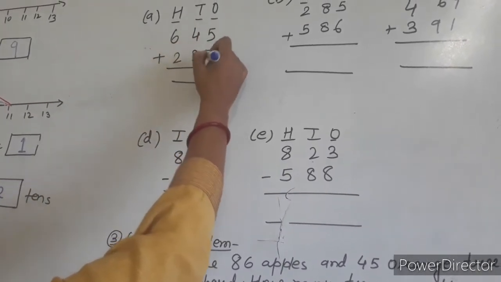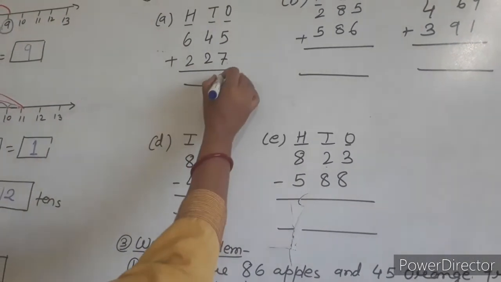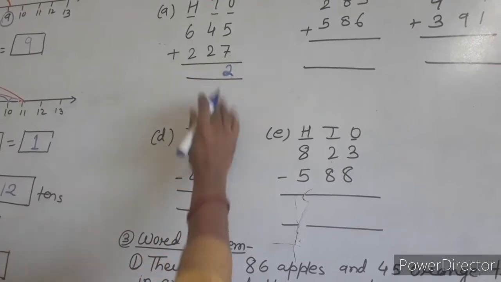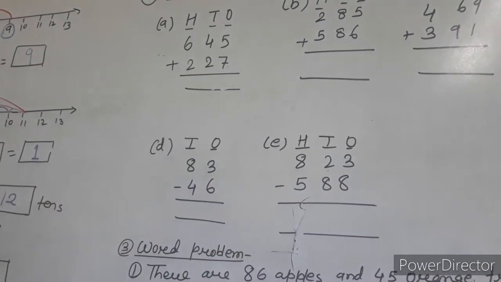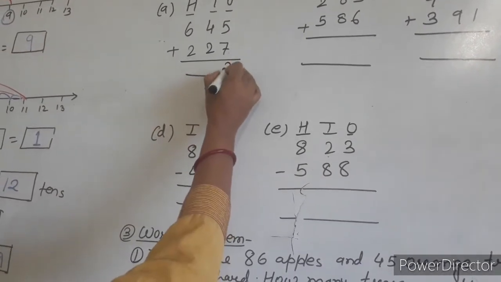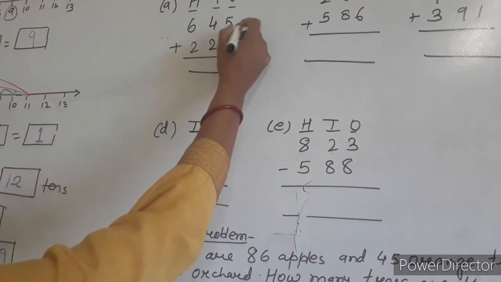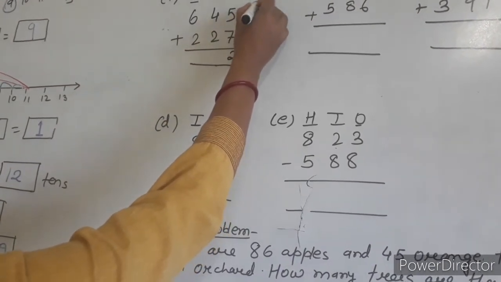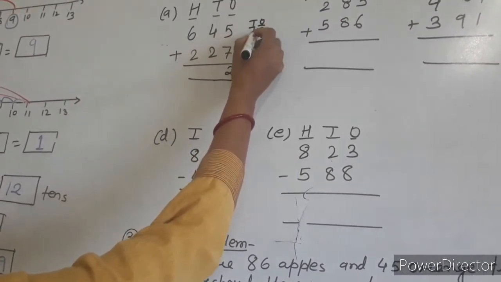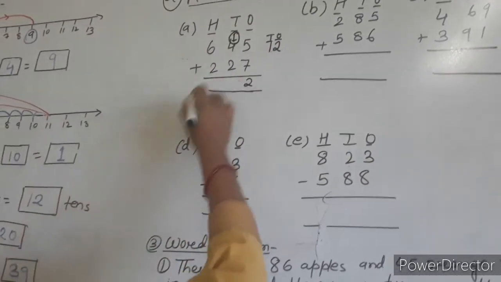So add 5 plus 7, can you? Yes. Then 5 plus 7 is 12. So see, in 12 there are tens and ones. So this 1 will become here, this side. Okay.